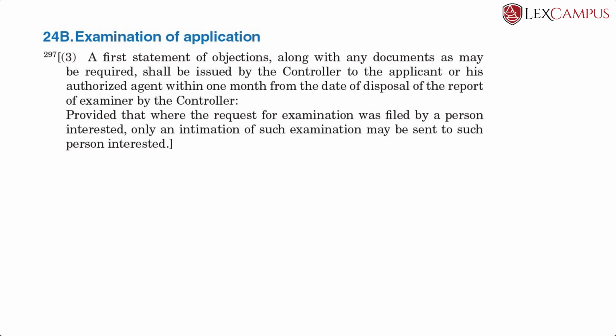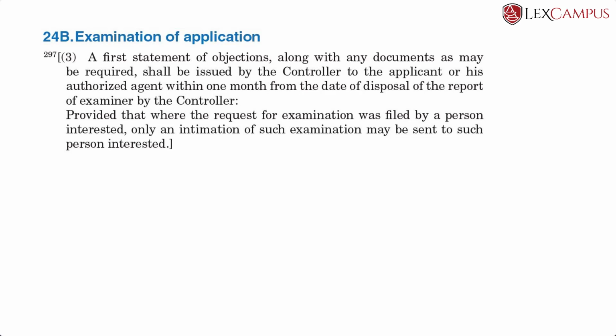So the report of the examiner has to be disposed of within 1 month of receiving it, and within 1 month from the date of disposal, the controller shall issue the first statement of objection, which was earlier called the first examination report. It is now called the first statement of objection. This is issued to the applicant or the authorized agent of the applicant.